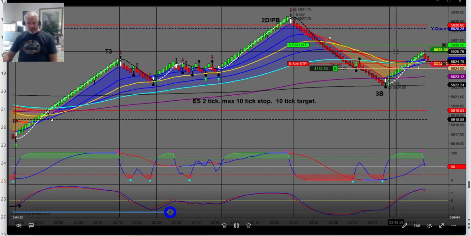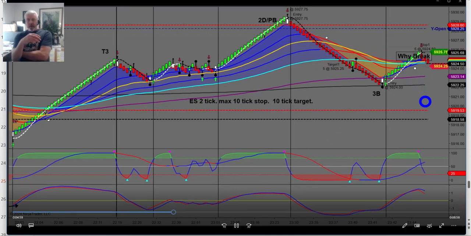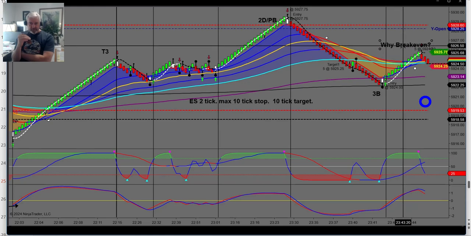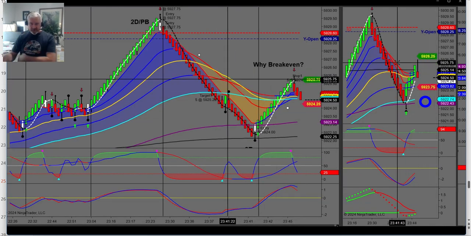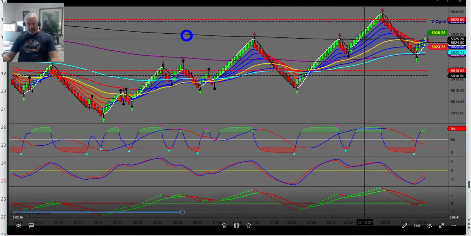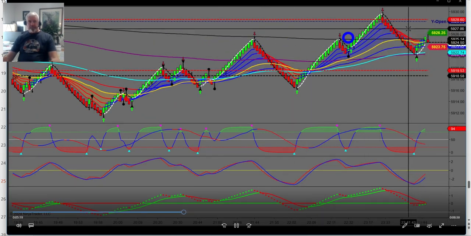So I'll fast forward this here. So it's coming back here. And the reason why I went to break even there is that on the higher time frame there was a major level of support resistance. Okay, so that's why I went. So there it is right there. So here I actually go across, see that black line?